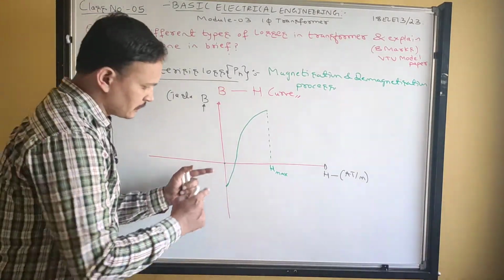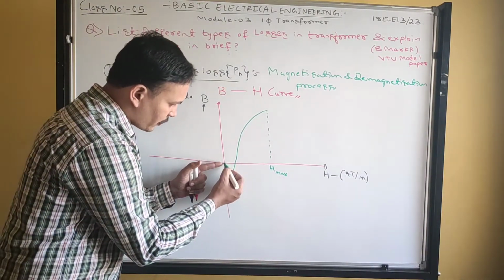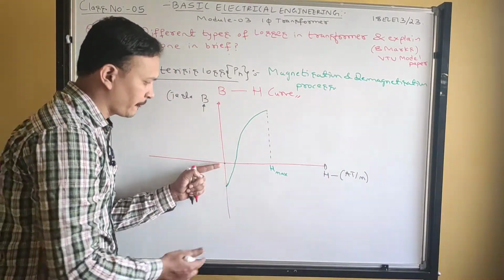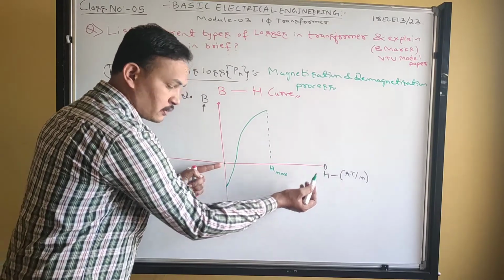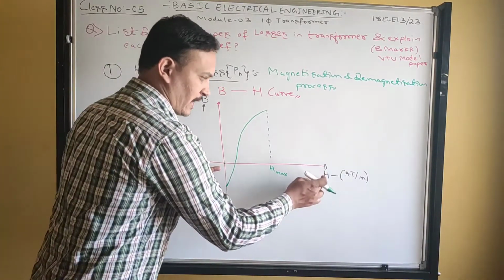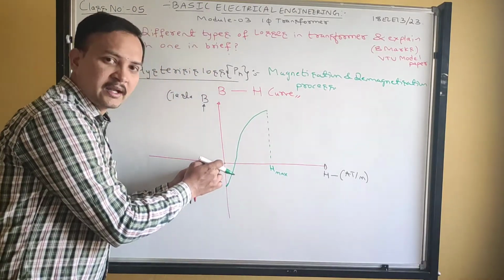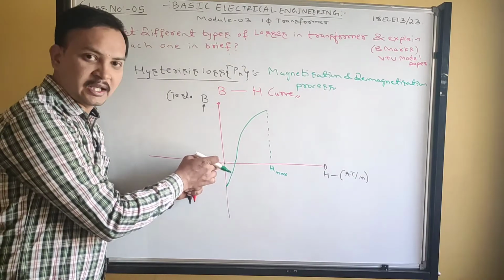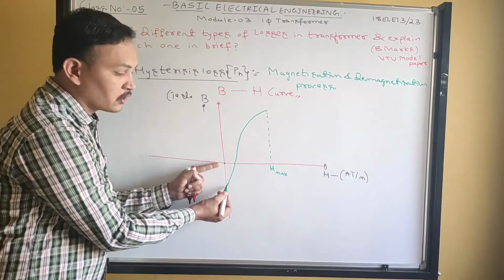See guys, the x-axis is magnetic field strength and the y-axis is flux density. When magnetic field strength is zero, at that condition your flux density has a tendency to lag behind the magnetic field strength. It has some amount of value.